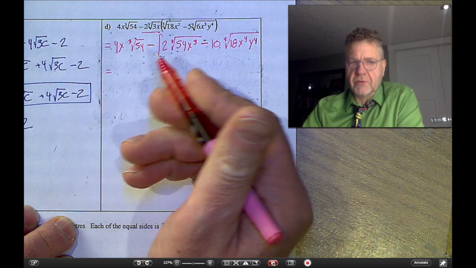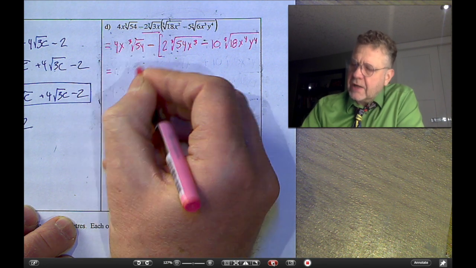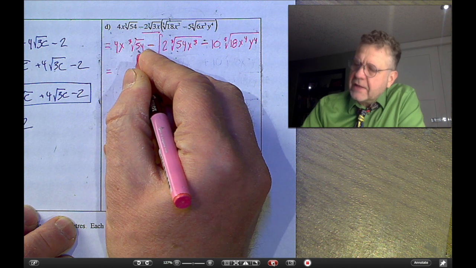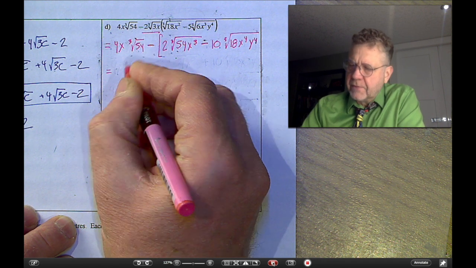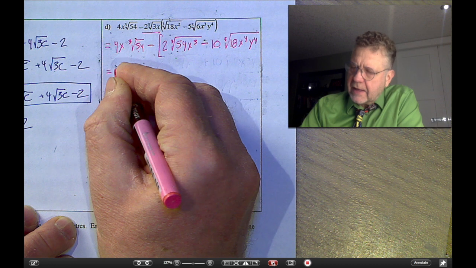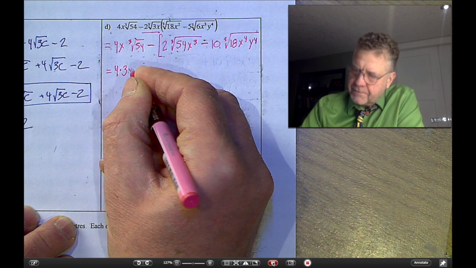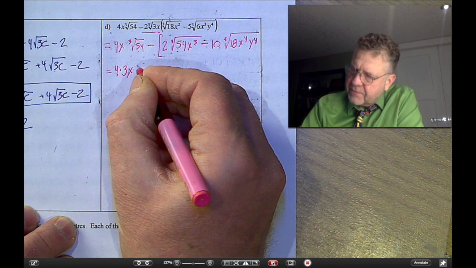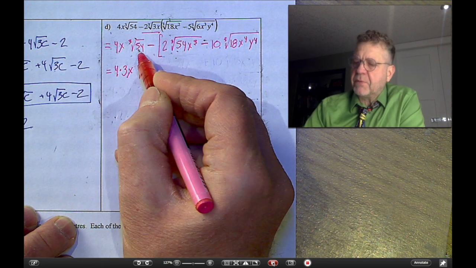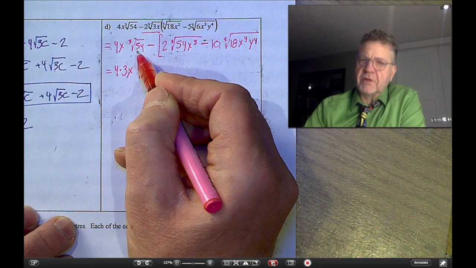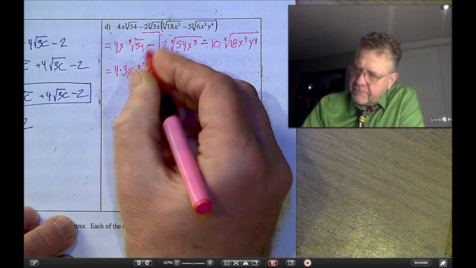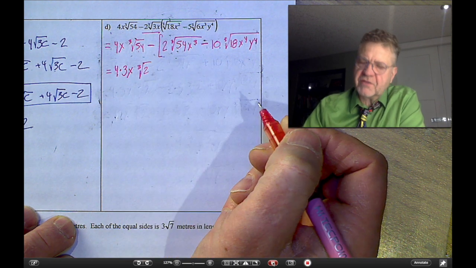It's a 3 times 3 cubed. So I'm going to pull out a 3 out of the cube root of 54, and on the outside of the bracket, I'm going to have 4 times 3. I still have the x times the cube root now, and because I pulled out the 3 times 3 times 3, the 27, I only have cube root 2 left in there, just like that.